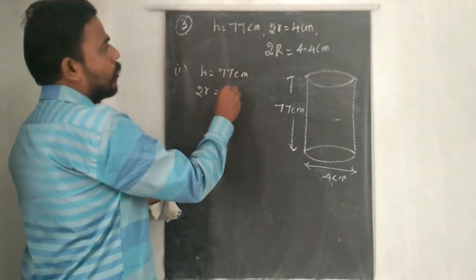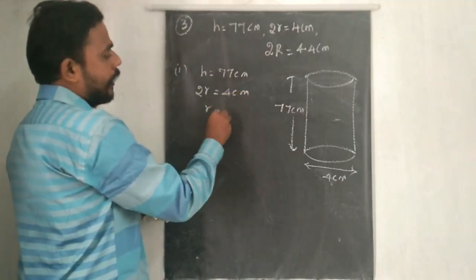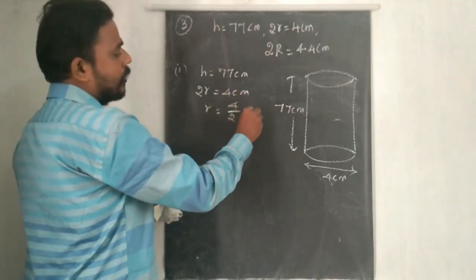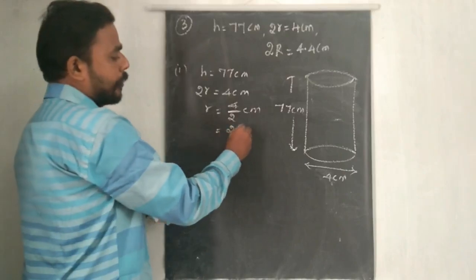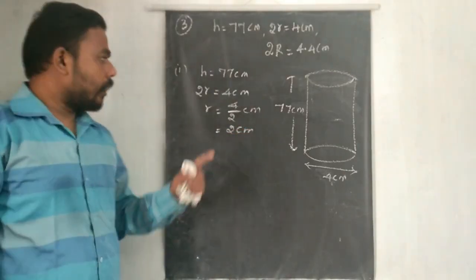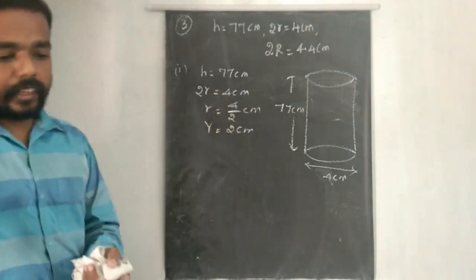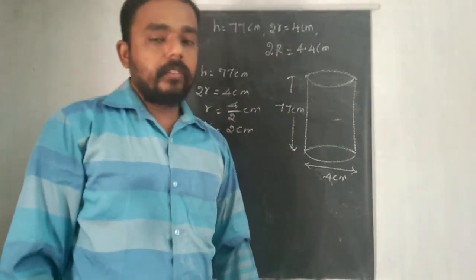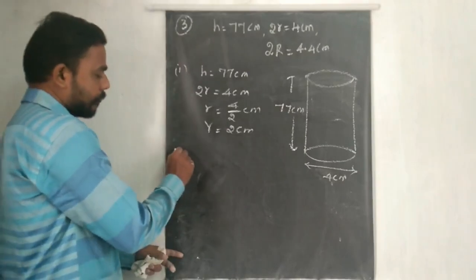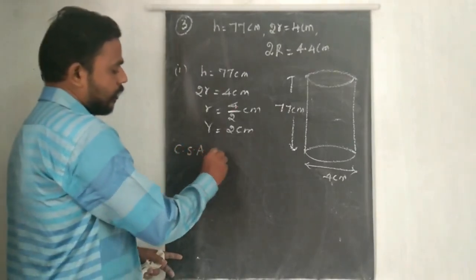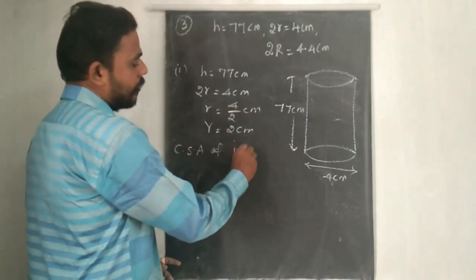Now 2r equal to 4 centimeter means r equal to 4 by 2 centimeter, that is 2 centimeter. Now we have two data. Using this we can find the inner curved surface area.